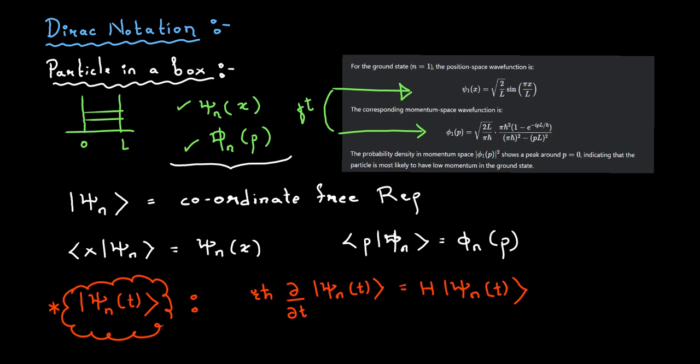Now let's move on a little bit. What we understood is that if you have a state and you want to represent it in the position basis, you get the wave function psi n of x, and if you want to represent the state in the momentum basis, then you have a wave function in momentum space.